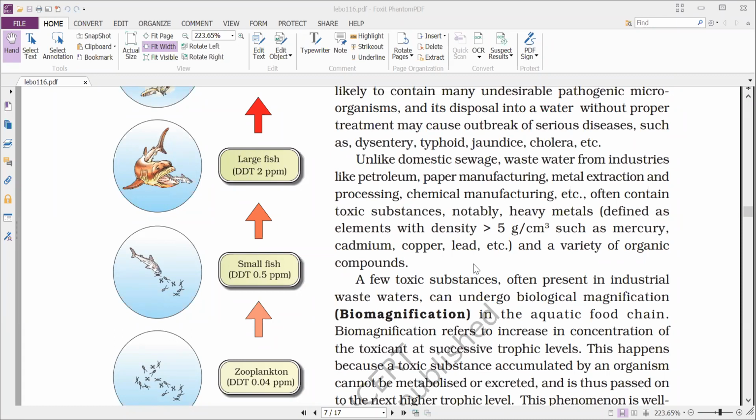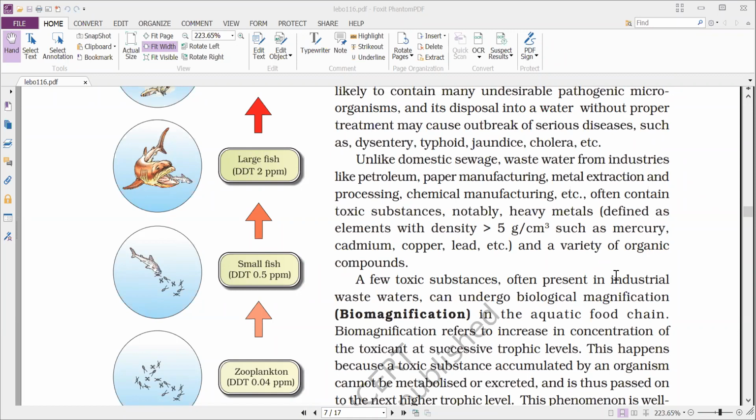So here, what is the amount of mercury in the deer? It is 0.01, and some 10 deer were eaten by one hyena. So how it is accumulated: it will come to 0.1 parts per million, increased.